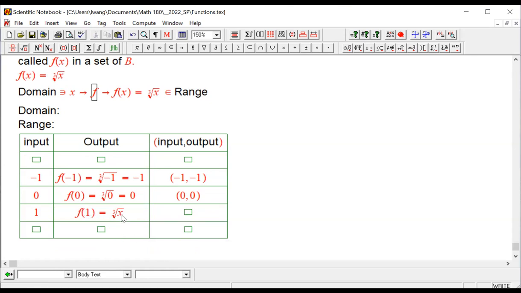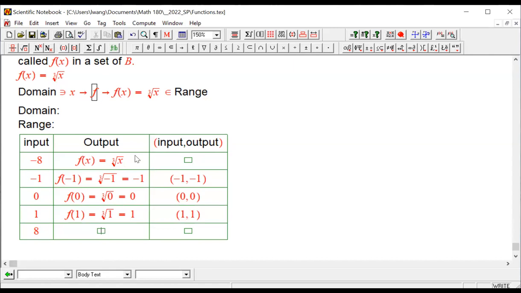That input, after we take the cubic root, still equals 1. So far we have chosen some pretty easy numbers. How about we try some other numbers? Say, how about -8 and +8? Would you like to try that? When the input is -8 or +8, what do we get? You can pause here if you need more time.